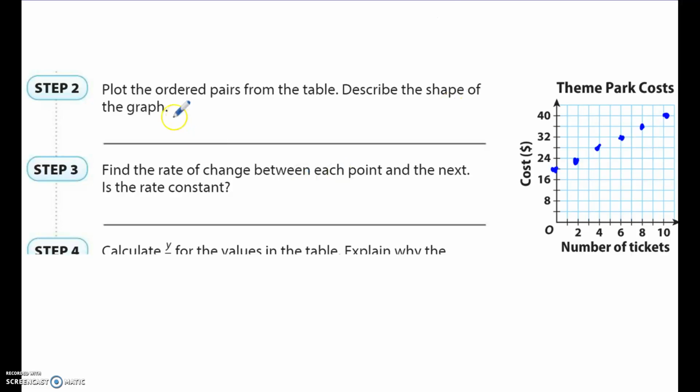Describe the shape of this graph. It looks like a line. Find the rate of change between each point and the next.